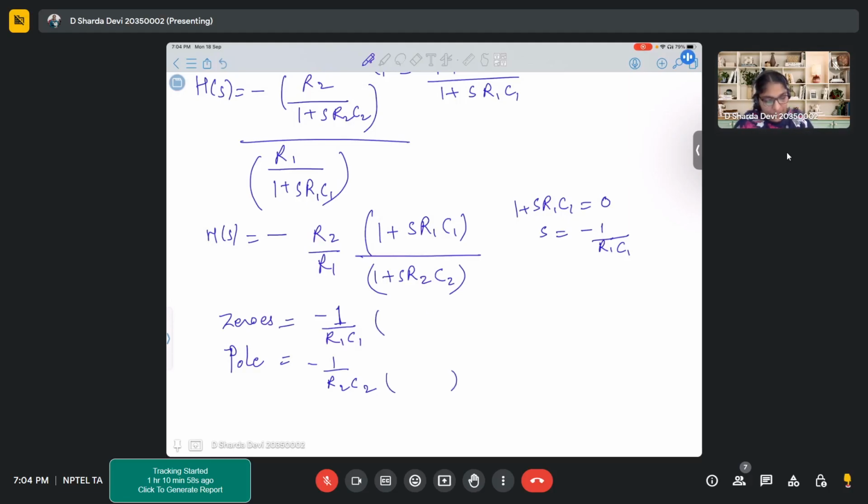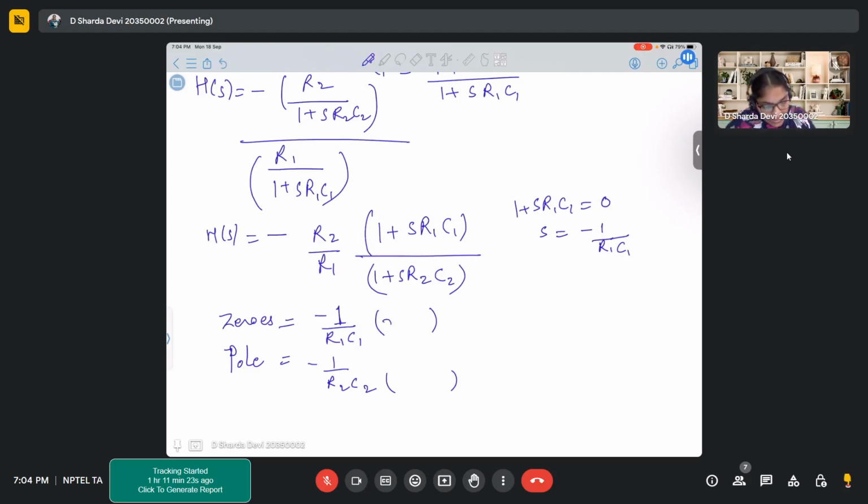What is the frequency unit for these poles and zeros? It is not unitless.